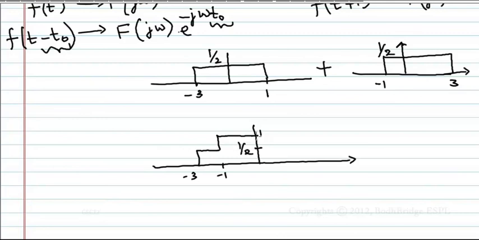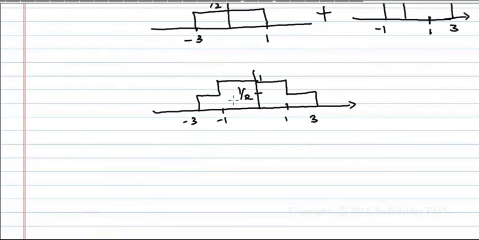And same thing on the right side. Up to 1, it is like this, and up to 3, it is in this way. Why? Because from 0 to 1, it is 1 by 2 and from 0 to 1, it is 1 by 2. From 0 to 1, both add up. After 1, it is half. Okay. Therefore, this is what our final h of t is.